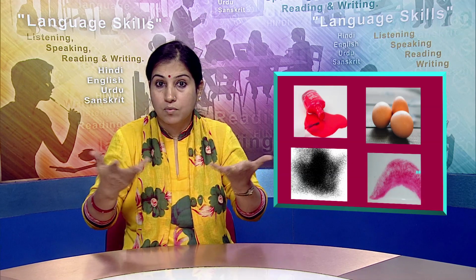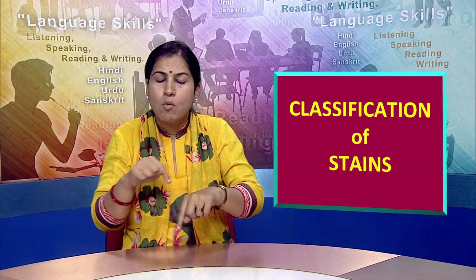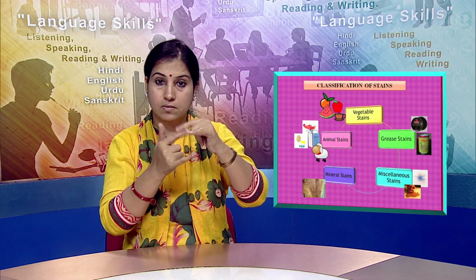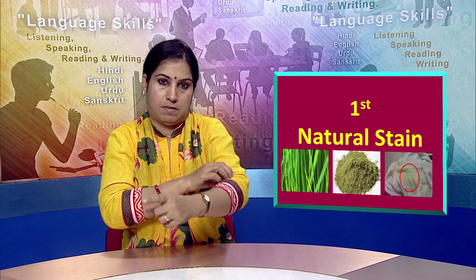Now we will discuss classification of stain. Stain can be classified on the basis of their origin. First category is vegetable stain.